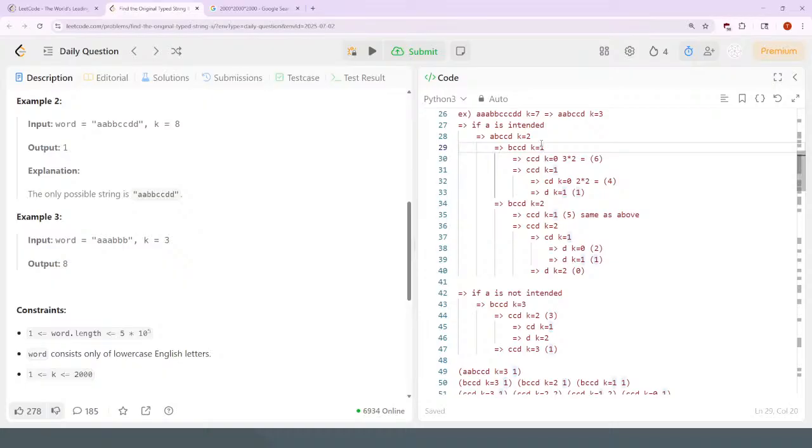Go to that state. K is greater than the length and 0. K equals 0. Then solve using counting principle.